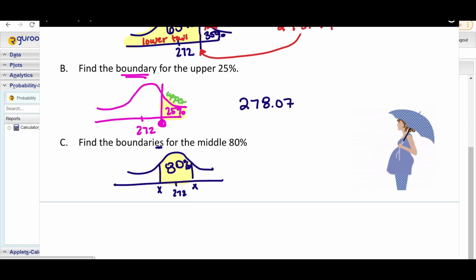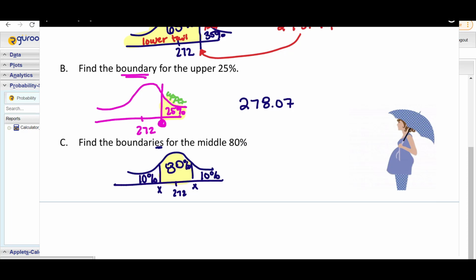So that means you have to do a little bit of calculation ahead of time, which is not bad. It helps you to really understand this curve. If 80 is in the middle, we want to know what is on either side. How much is here and how much is here? Remember, the whole thing is 100. If I take out this 80, that leaves 20 between these two sides. And if I split that 20 up, that is 10% and 10% on either side.